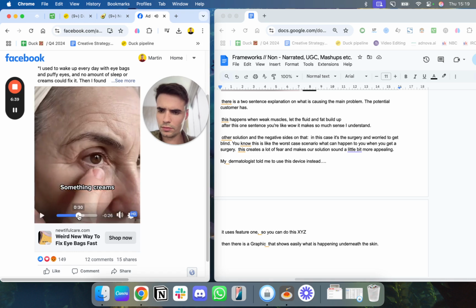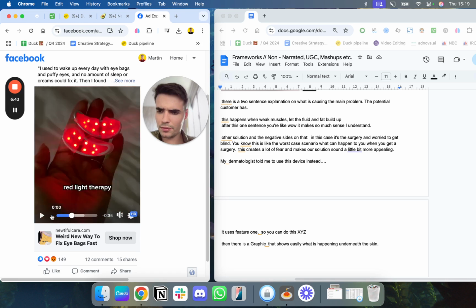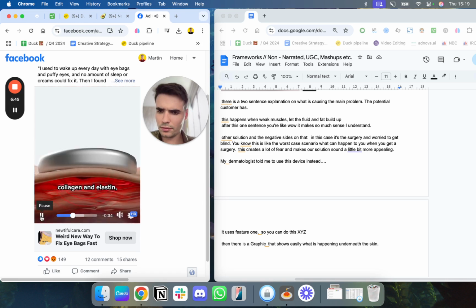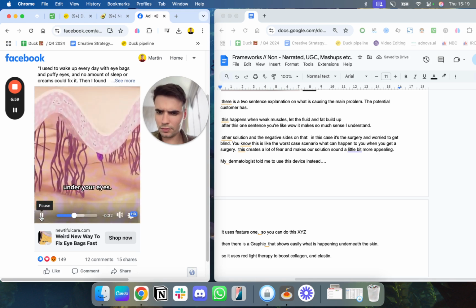Alright, so here's the unique mechanism. This is an important one. Light therapy to boost collagen and elastin. So it uses red light therapy to boost collagen and elastin, revitalizing the skin under your eye.